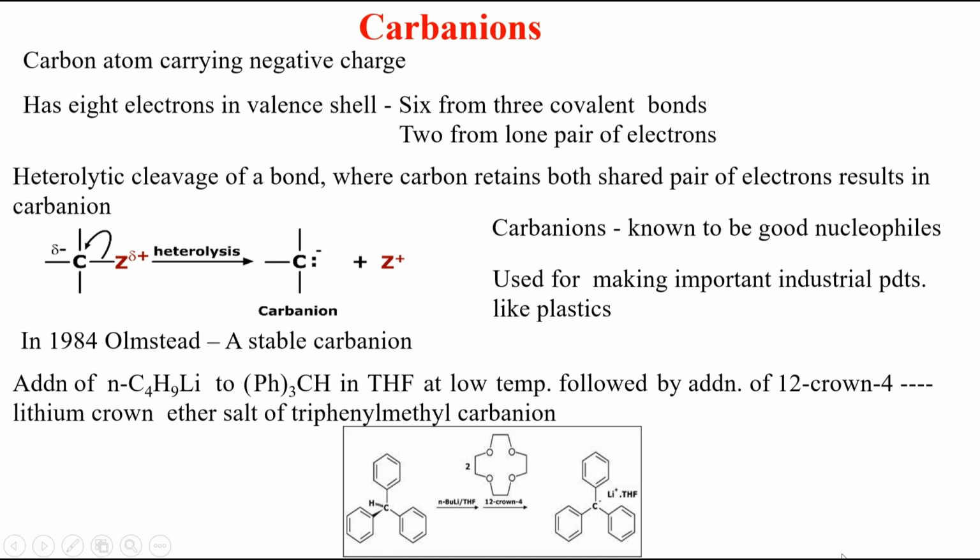These are stable carbanions. This can be prepared in the stable form also. As we know, carbanions are reaction intermediates with heavy electron richness. Because of this richness, they are highly reactive. As these are highly reactive, they are non-isolable.